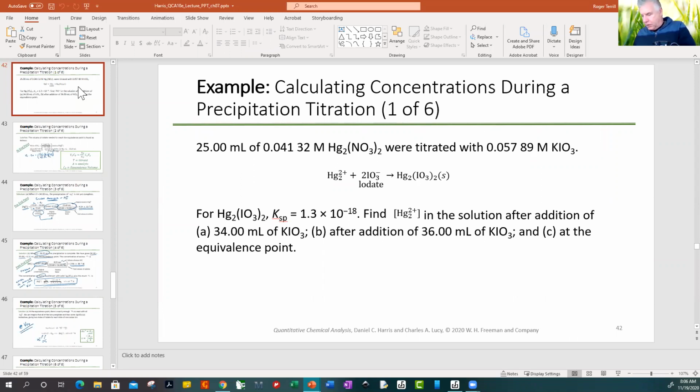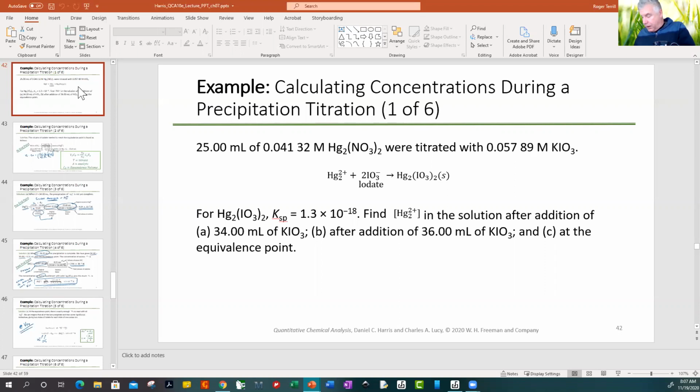So, 25.00 mLs of 0.04132 molar Hg2(NO3)2 titrated with 0.05789 molar KIO3.